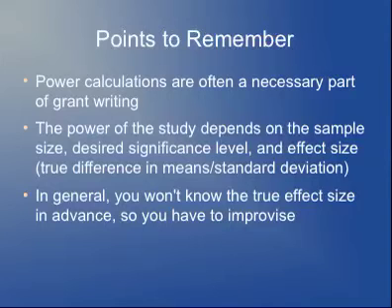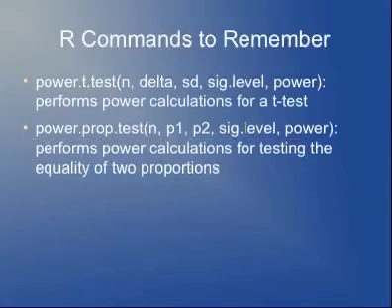In general, you won't know the effect size in advance, so you just have to improvise or guess. The R commands to remember for this are power.t.test and power.prop.test. As I said, you typically have to specify 4 of these 5 parameters. Any questions about any of this or anything else?